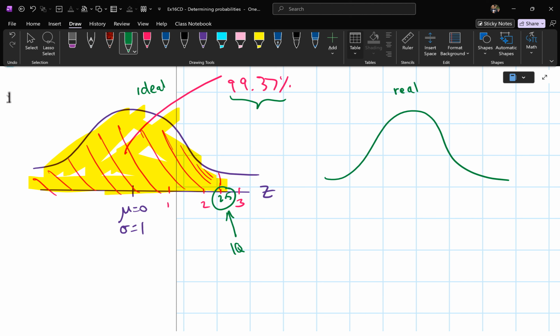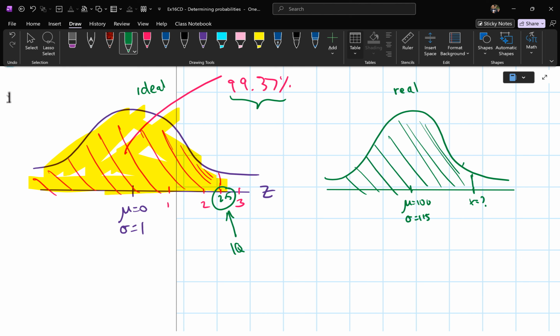So what I'm trying to say is an IQ distribution has a mean of 100, standard deviation of 15. So what IQ score should you get so that you are now sitting at that 99.37%? So you're at the top, whatever this group left over is.